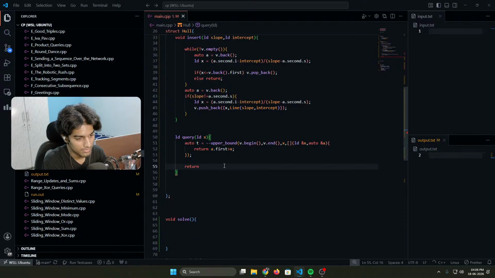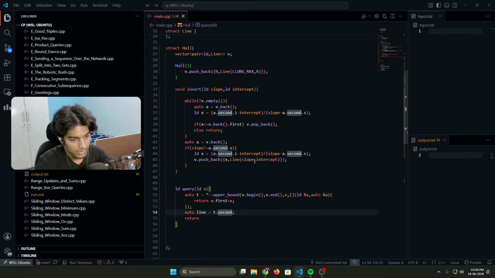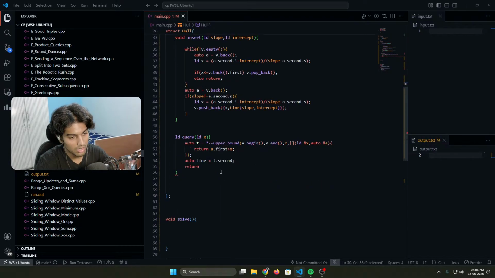Okay. I mean, I should probably get the line. So that is going to be like p dot... wait, we don't have values here, do we? I mean, now we do. Okay. So we have the line now.